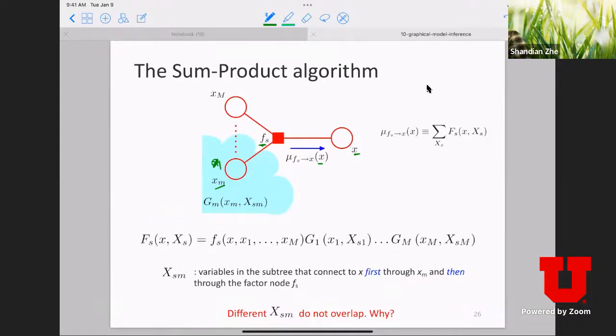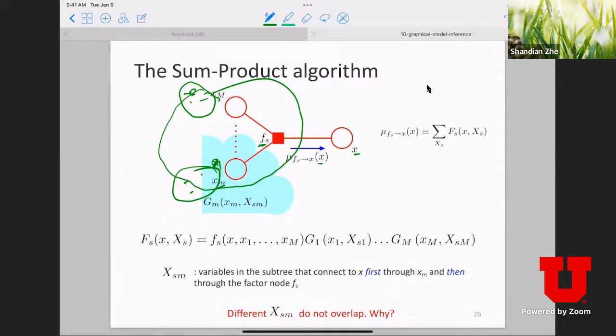So we know the factor product inside this subtree can be further written as first you multiply f of s itself, and then, remember this is a tree, so all the children of f of s, which means x1, x2 to x big M, can be viewed as roots of different subtrees again. And all the factors and nodes inside different subtrees again are non-overlapping.